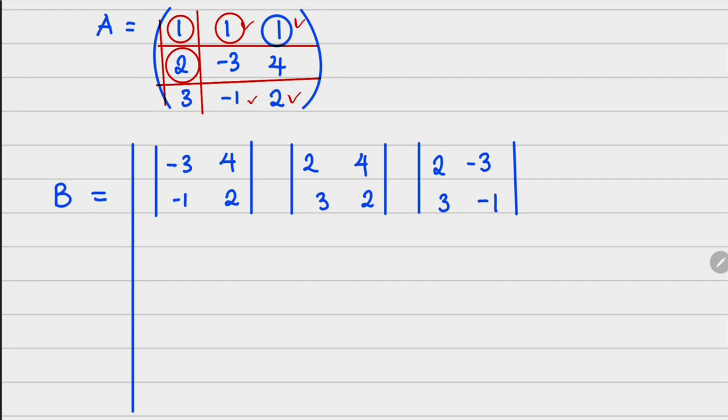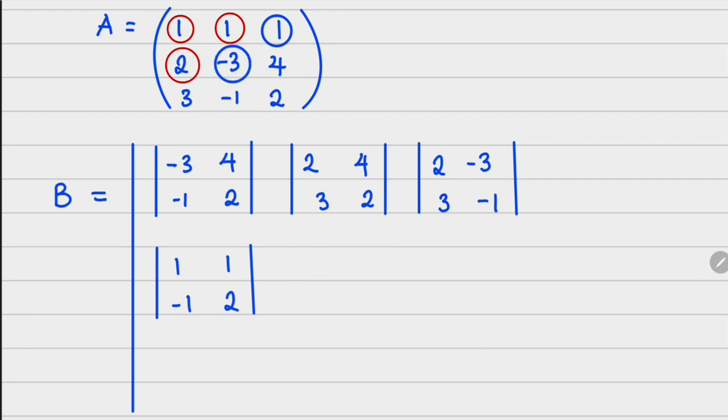I want to believe you understood what I've done. So I'm going to have, just like I told you, it's going to be 1, 1, minus 1, not minus 2, then minus 1 and 2. Okay, so I'm done with that. Now, I'm not done yet. I'm going to cover minus 3.